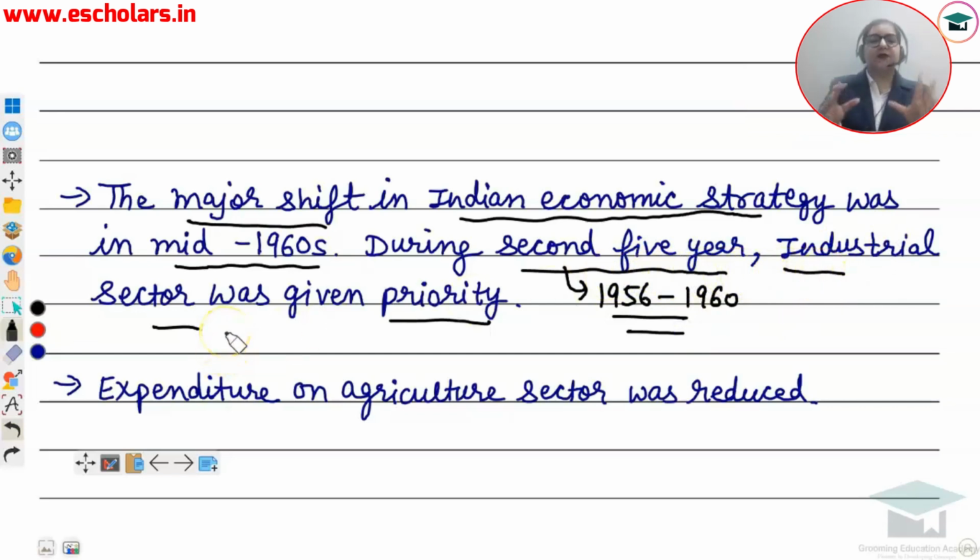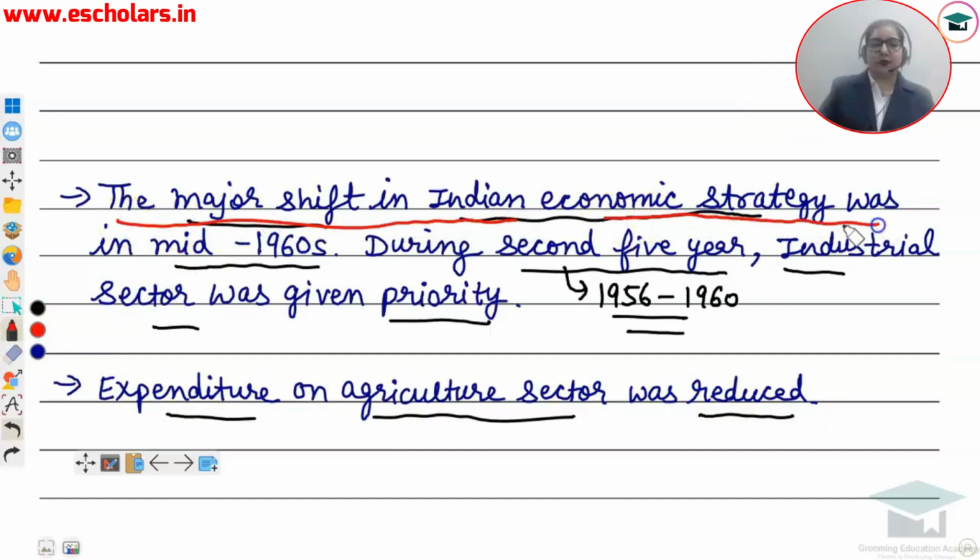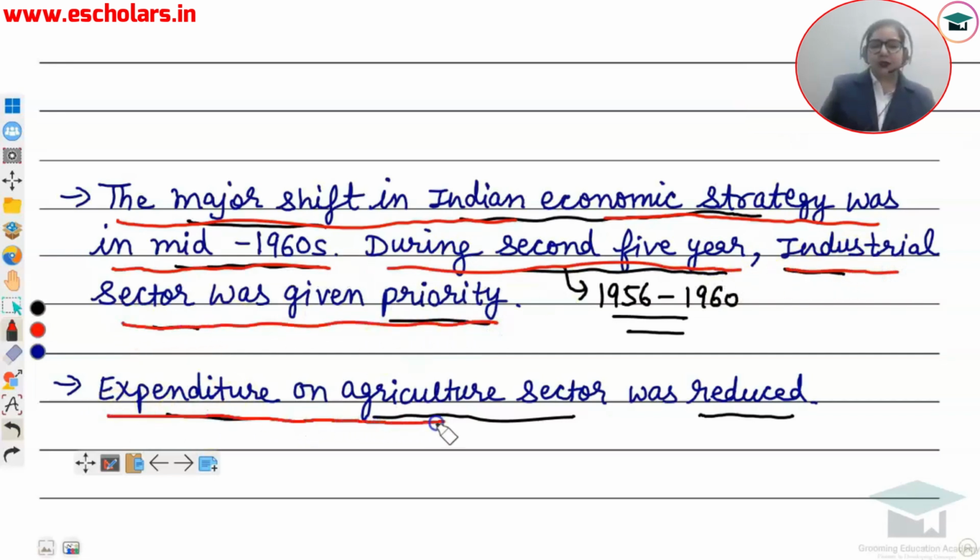That is, the second 5-year plan focused on growing the industrial sector. And the expenditure on agriculture sector was reduced. So let's have a look. The major shift in Indian economic strategy was in mid-1960s. During second 5-year plan, industrial sector was given priority. Expenditure on agriculture sector was reduced.